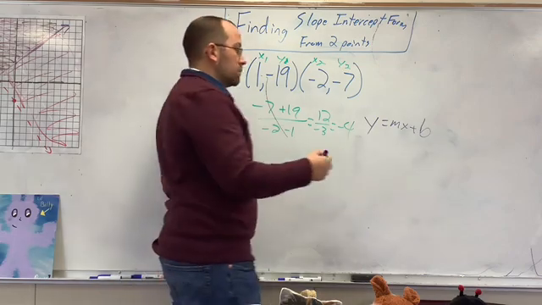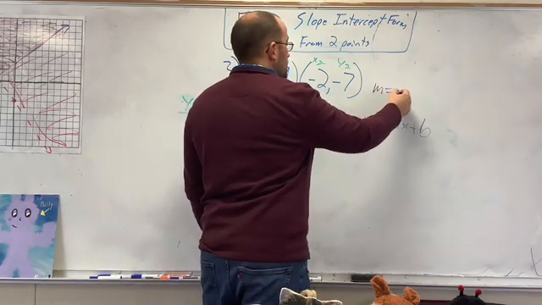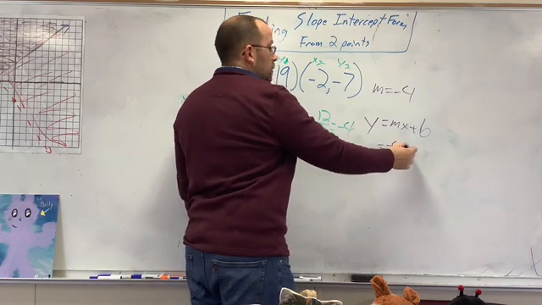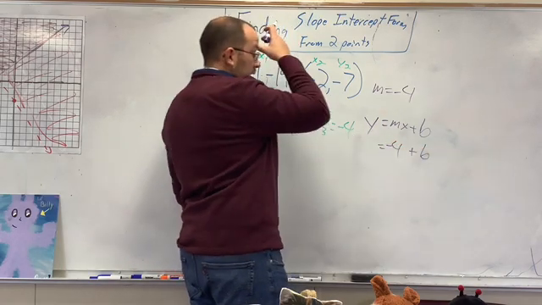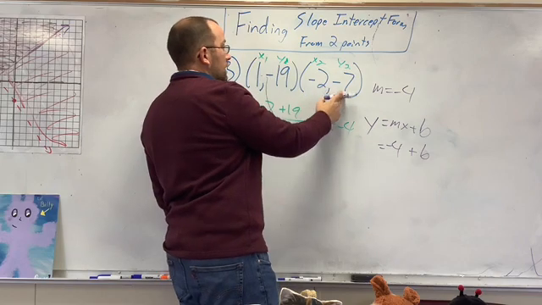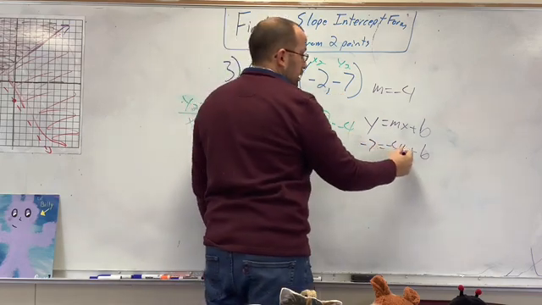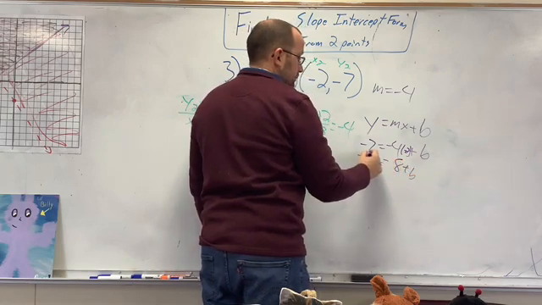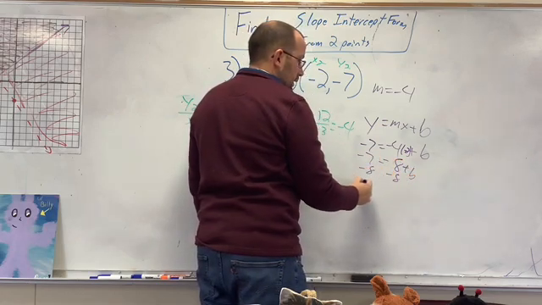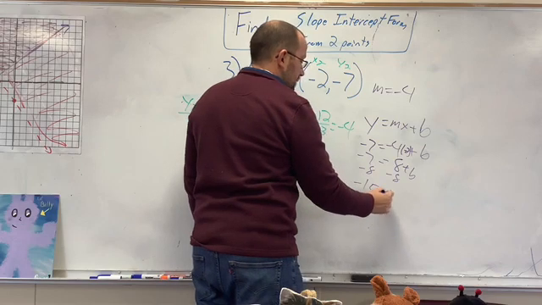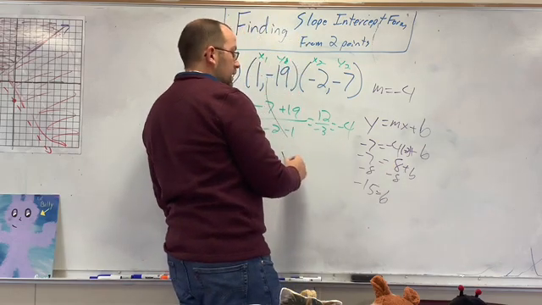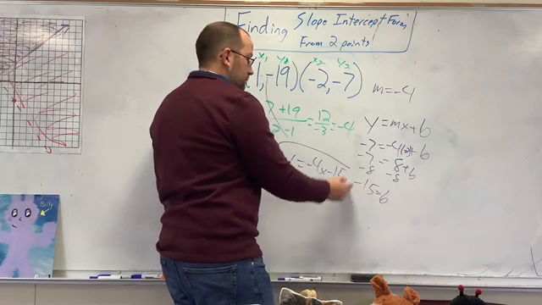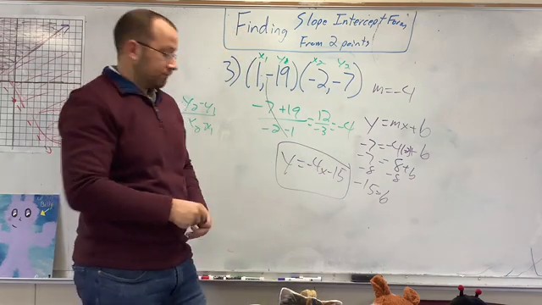All right, finding the b is the same way we've been doing it. Negative 4, I'm going to plug in negative 2, negative 7, just because they're smaller numbers. That gives me 8. Negative 15 equals b, so then I plug it in, I get y equals negative 4x minus 15. And that is your answer.